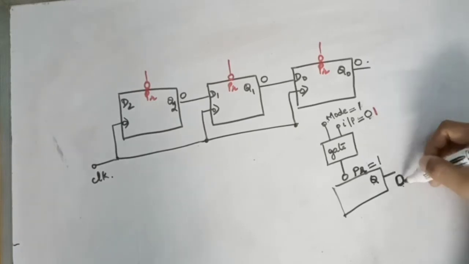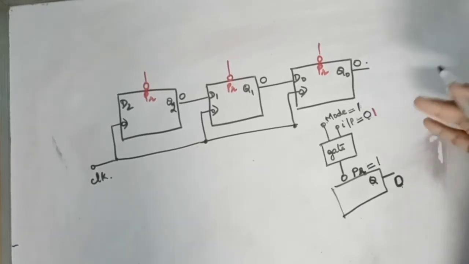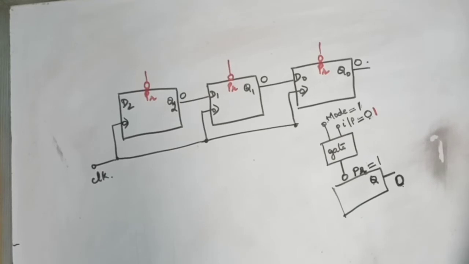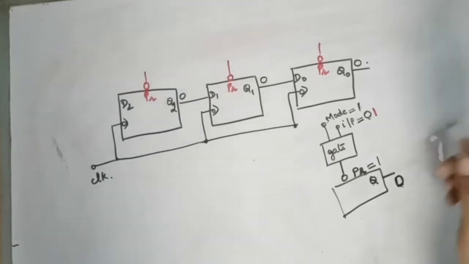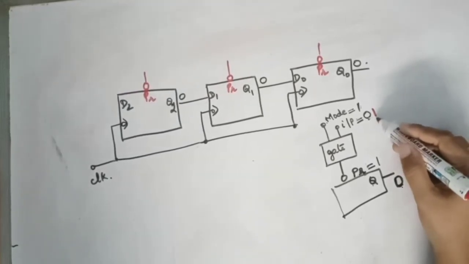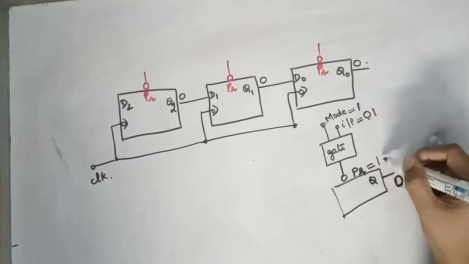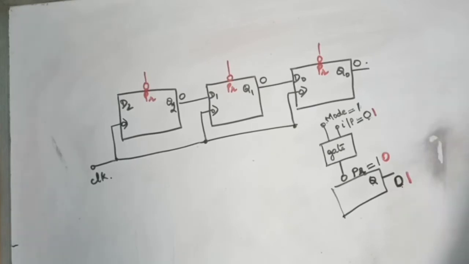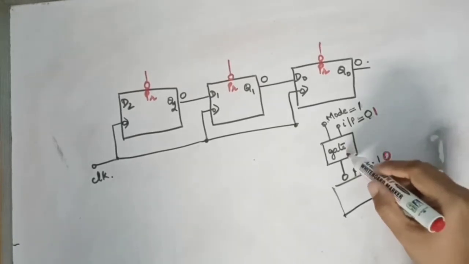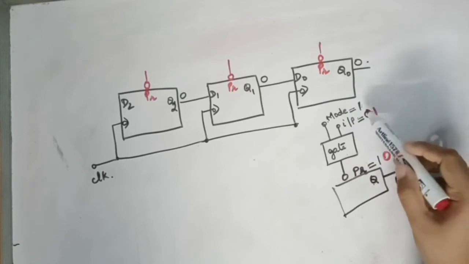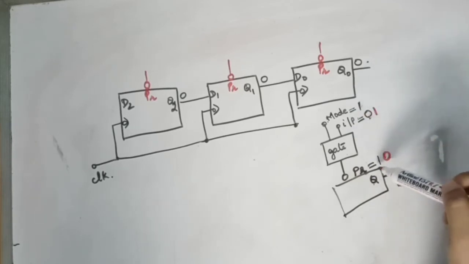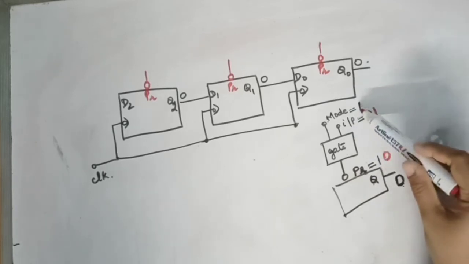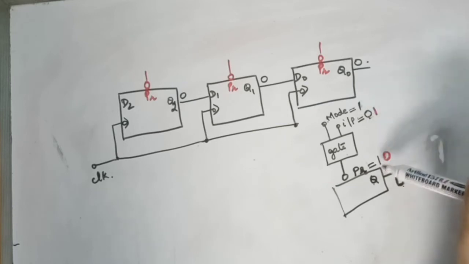Input equal to 1 means you want Q to be 1. Mode is 1 because you are taking the input in parallel. So when input is 1 and mode is 1, you want preset to be 0 so that Q will change to 1. So which is that gate? If the input is 1 0, then the output is 1, and if the input is 1 1, then the output is 0.